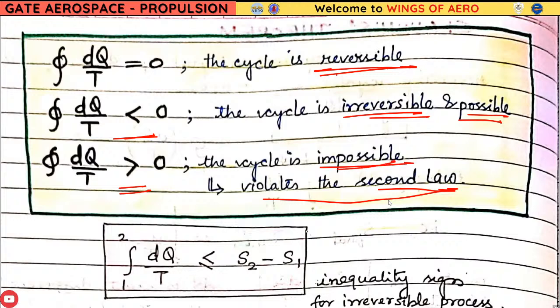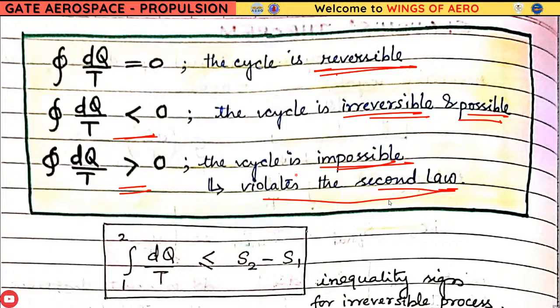Now what kind of questions can you expect from here? They will give you a question like: choose the following options which violate the second law, or which are possible under the second law of thermodynamics. There will be many options, so you have to pick the right one.